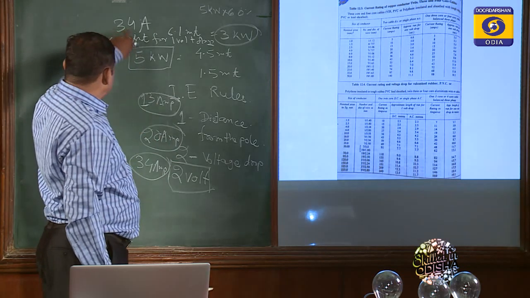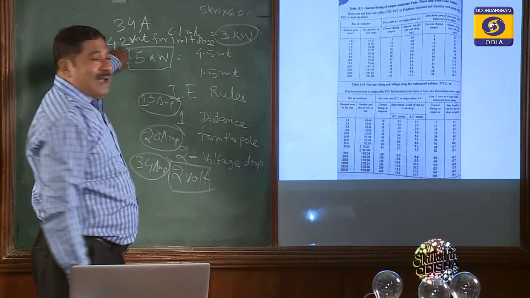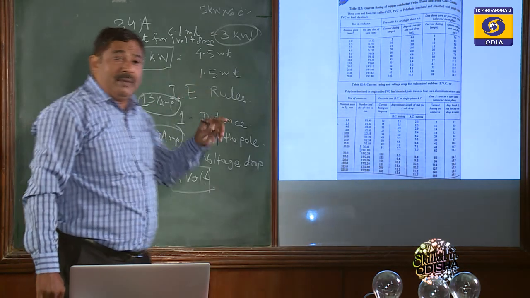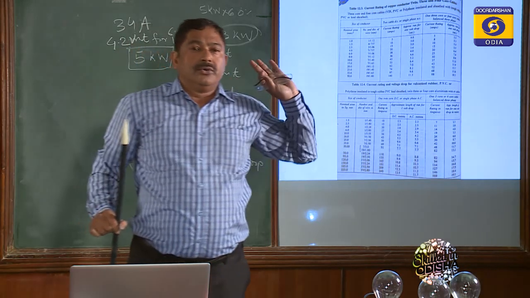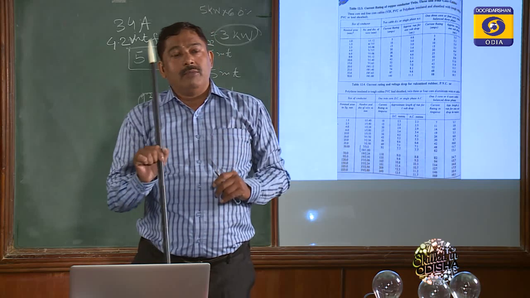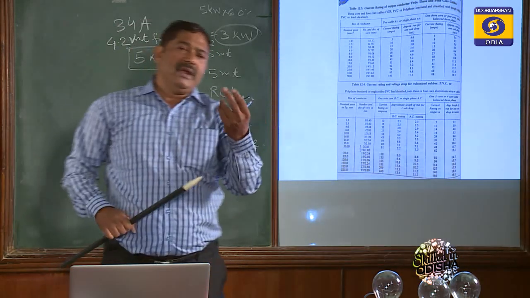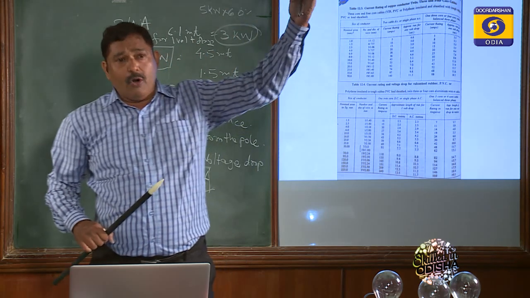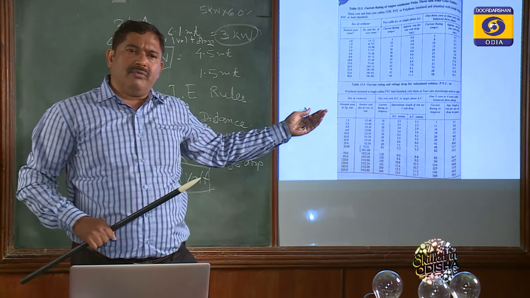So 34 by 13 is roughly 3. You multiply it by 3, so it comes to 12 meter. So up to 12 meter, if 13 ampere current flows, you can go for 1 volt drop. So 20 meters means we can go up to 24 meter for 2 volt drop. Since it is 20 meter, we can very well use it.